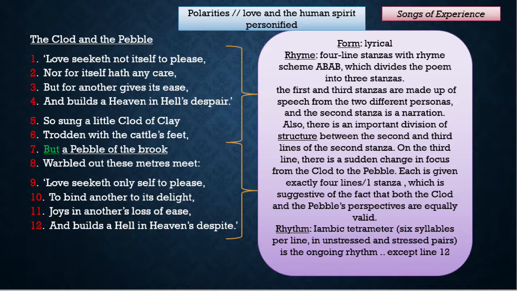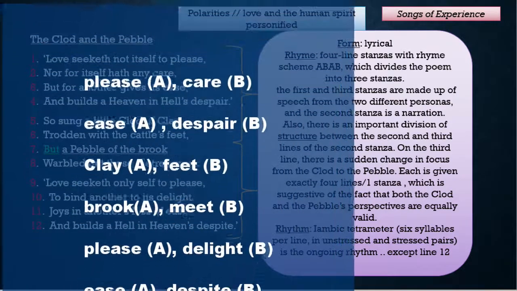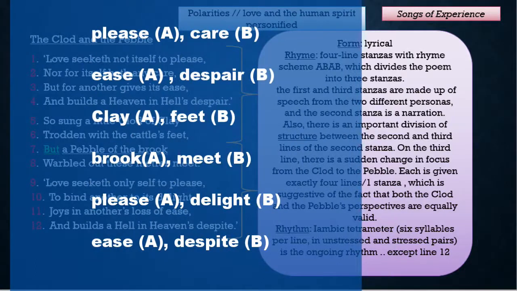The rhyme scheme ABAB is apparent in the poem, as we see in the words: please, care, ease, despair; clay, feet, brook, meet; please, delight, ease, despite.